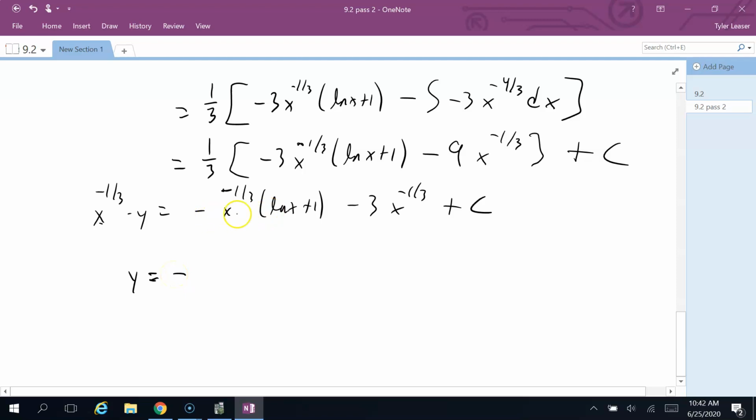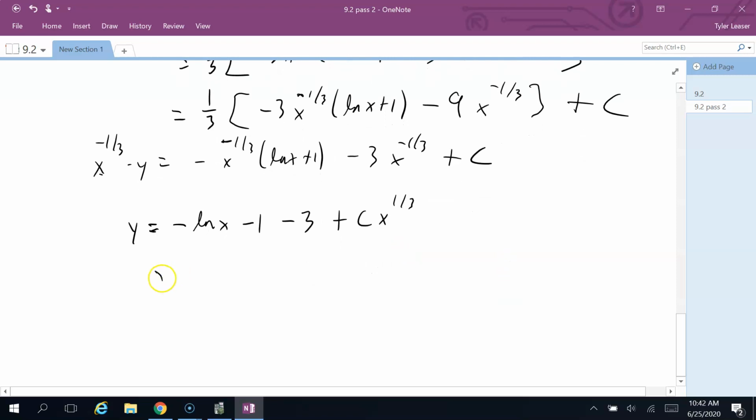And we might as well distribute that negative sign into the parentheses, so we're going to have natural log x minus 1. X to the 1/3 onto this next term again cancels, and we're just going to get a negative 3. Do not forget to also multiply the x to the 1/3 onto the c. So we're going to get that c and then an x to the positive 1/3. Oh no, sorry, we still have the initial conditions, but we can combine the negative 1 and 3 together.